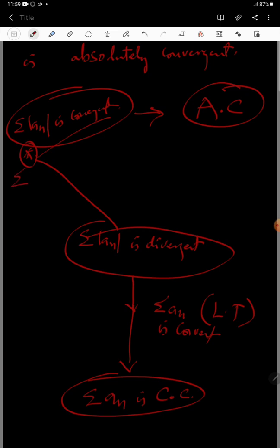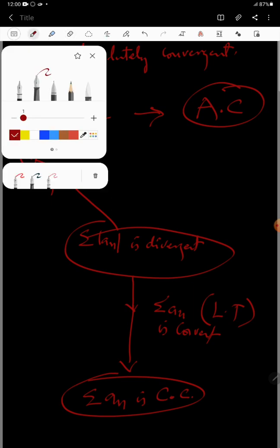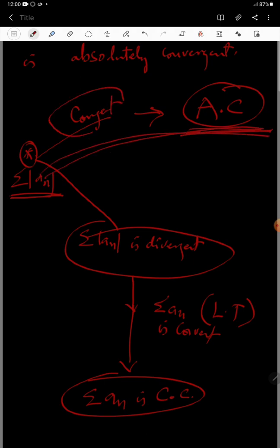Let me make it clear here. Whenever there is a problem given of alternating series, first you calculate sigma mod an. If it is convergent, declare that it is absolutely convergent. This is a very easy way. So first you try that way, as we have done just now in this problem.